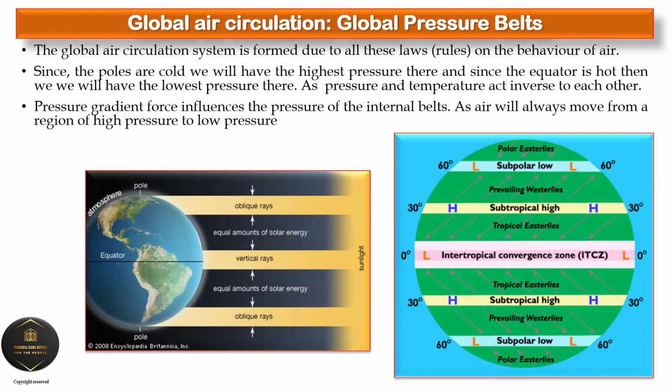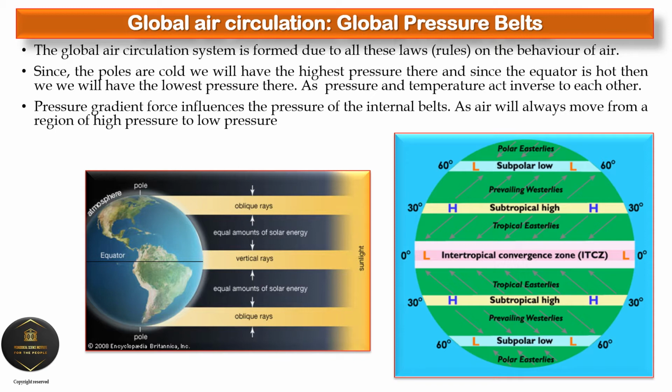So when we look at how all of these rules, the horizontal movement of air, which is rule 12, and the vertical movement of air, which is rule 12 as well, leading to the formation of wind or air current, it influences the global winds or the global pressure belts that we're going to have. So it's really the application of that.